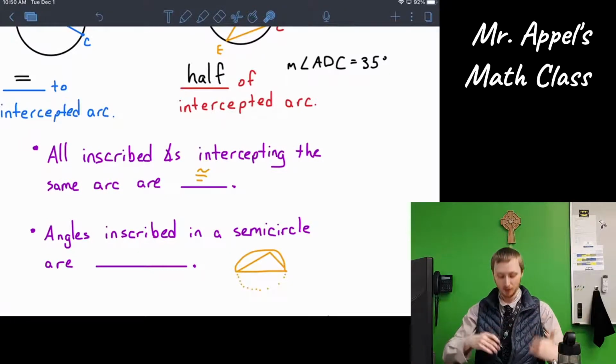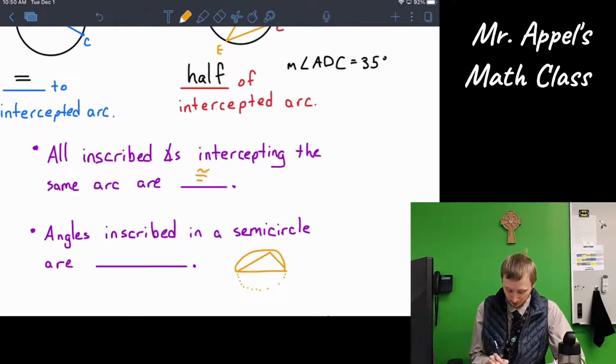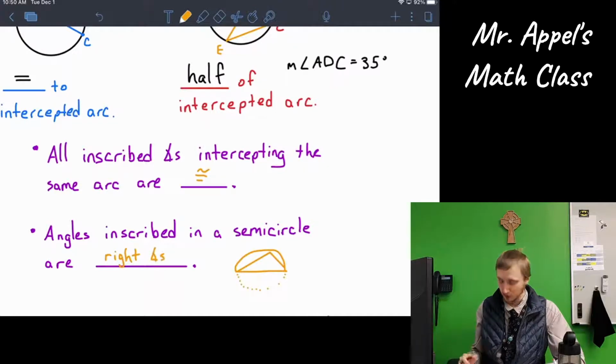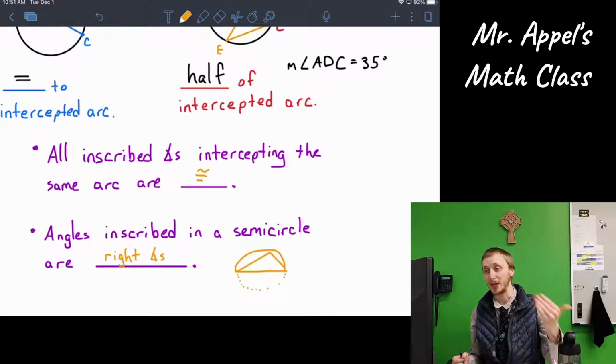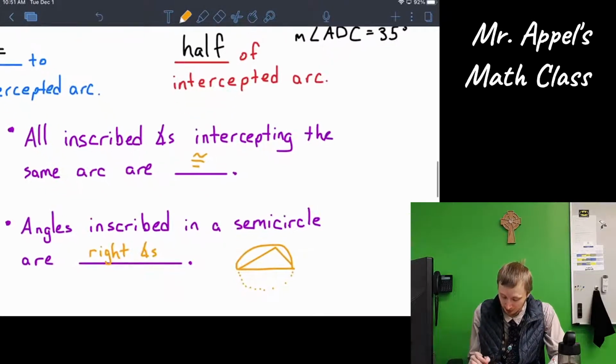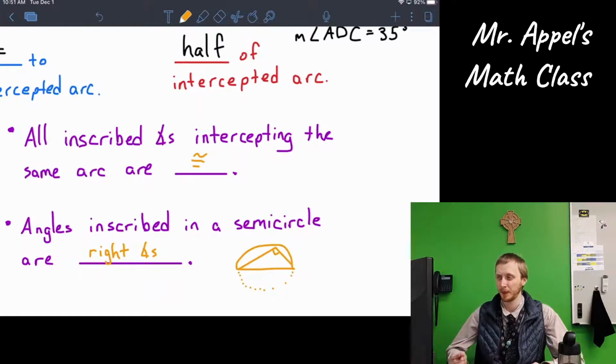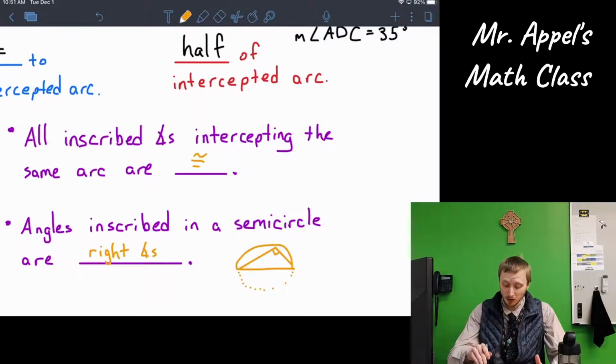So it's half that, which means angles inscribed in a semicircle will always be 90 degrees, right angles. We can add our little square in there. I missed. There we go, that's better. Handy feature.